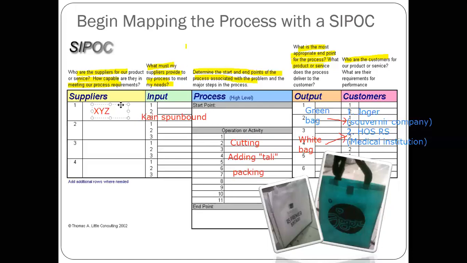While Joker requires a bag with good printing, with the name written well on the bag. So we can use the SIPOC to understand the current process.